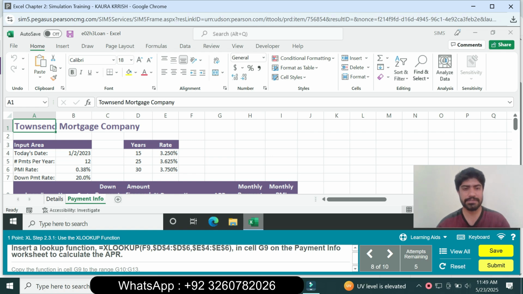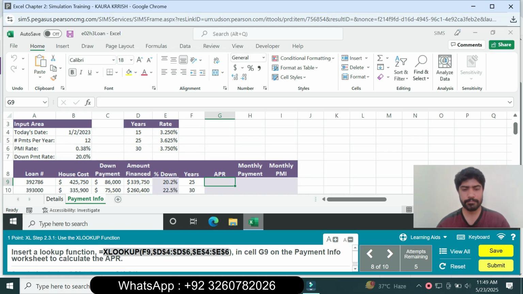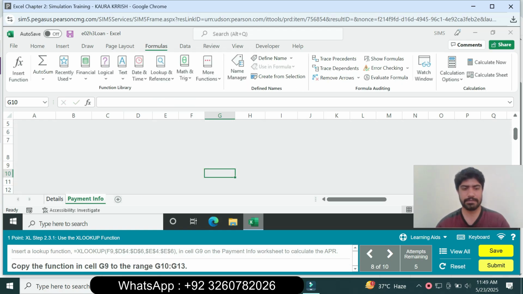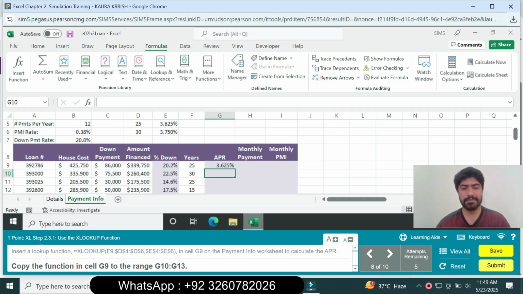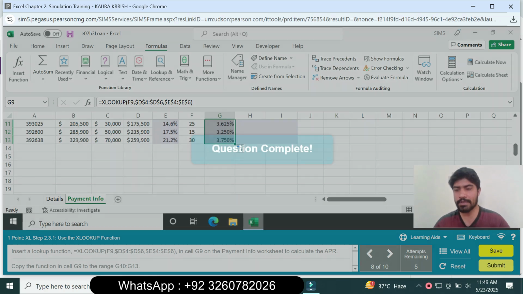So select G9, type G9, press enter, and copy and paste the formula in cell G9, type equal to and press enter. Next is: copy the function in cell G9 to the range G10 to G13. So copy the formula G9 to G13. So question number 8 is complete.